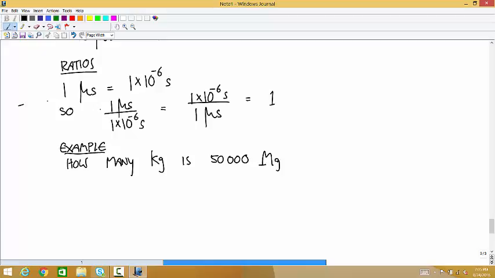I've never really heard the word megagram, but so we're going to start with 50,000 megagrams, and I'm going to just right off the bat replace that with, so the big M is equivalent to times 10 to the 6th, so I'm going to write this as 50,000 times 10 to the 6 grams.